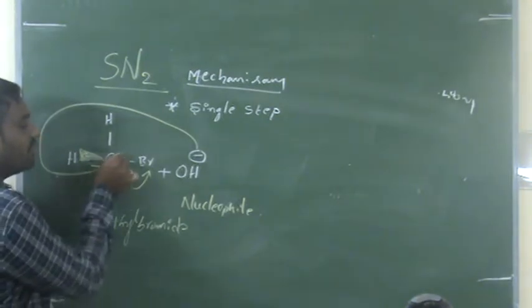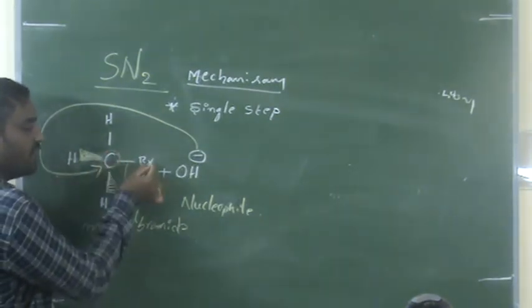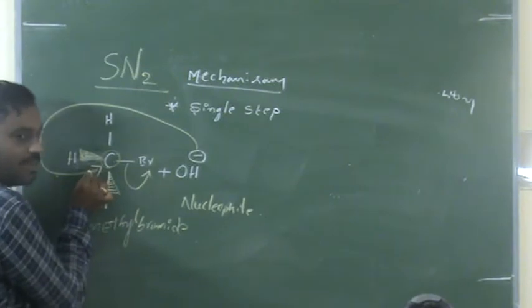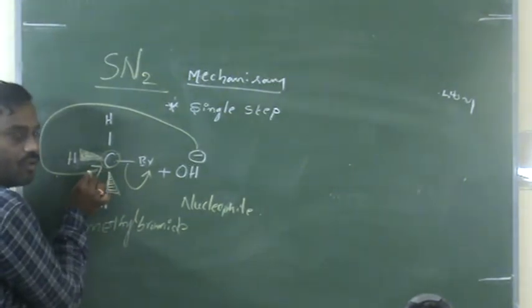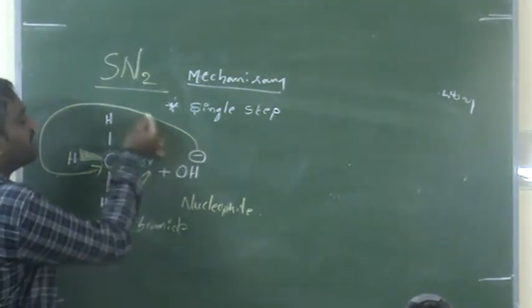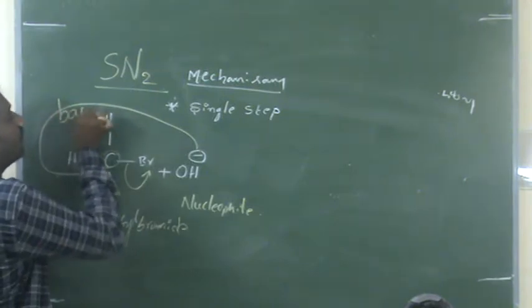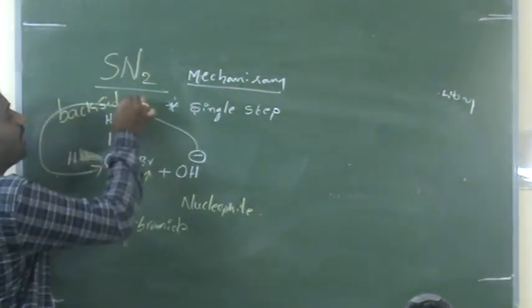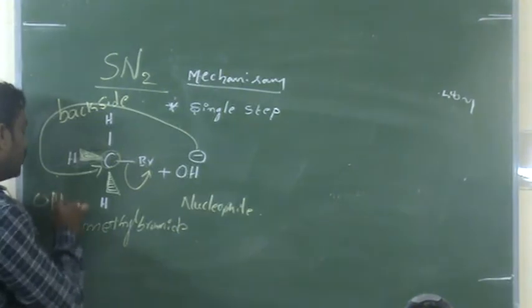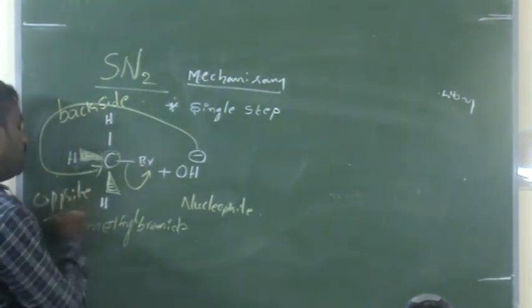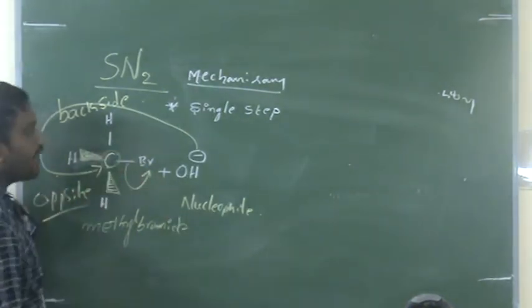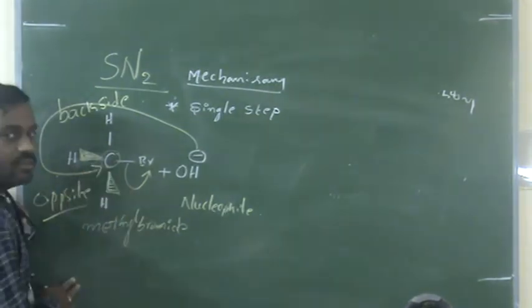If we consider this the front side, this is called the backside. The nucleophile attacks the backside, also called the opposite side of Br.